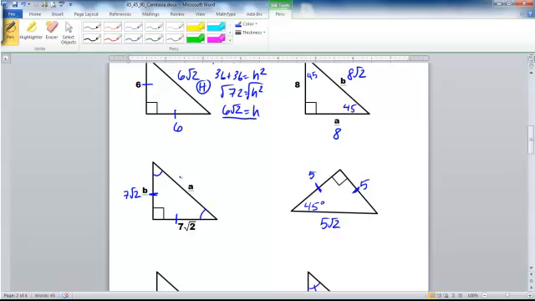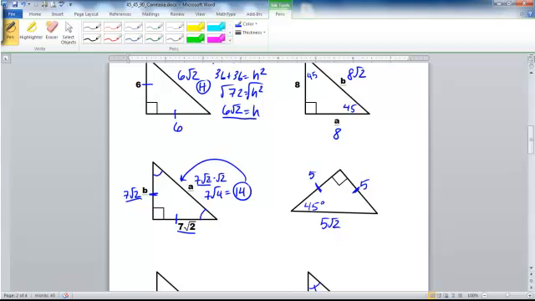So I still take my leg, 7 root 2, and multiply it by root 2. But root 2 times root 2 is root 4, and the square root of 4 is 2, so now I've got 7 times 2, which gives us 14 for that final length right there.